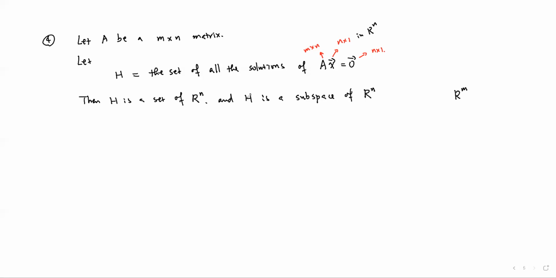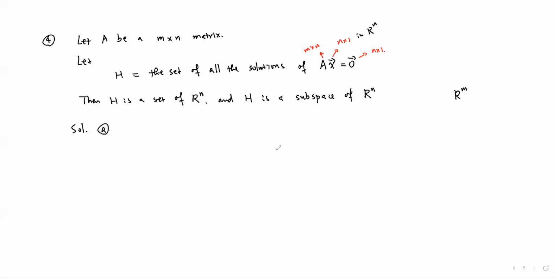That means this set has the three properties in the definition. How to see this? Solution. To see H is a subspace of R^n, check three properties. Number one, let me see.